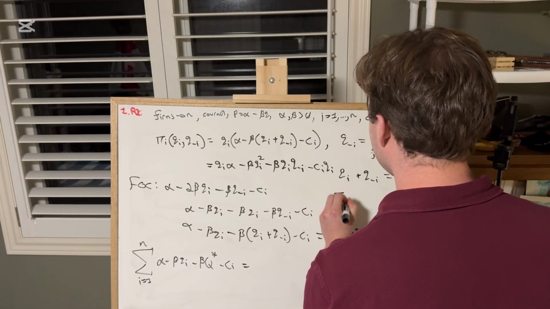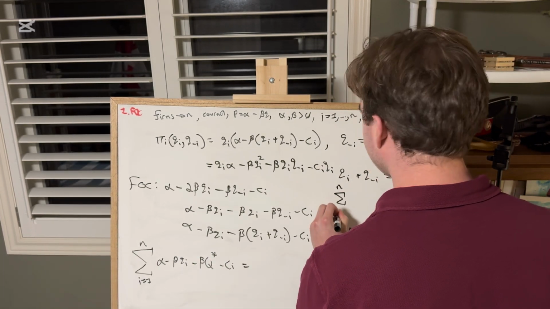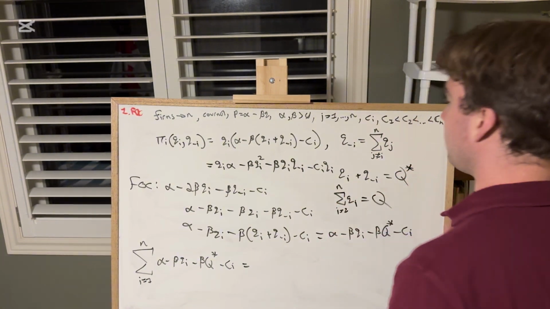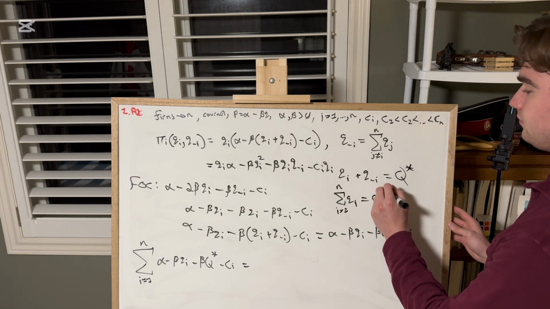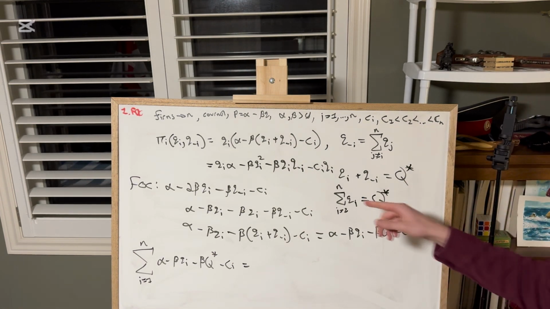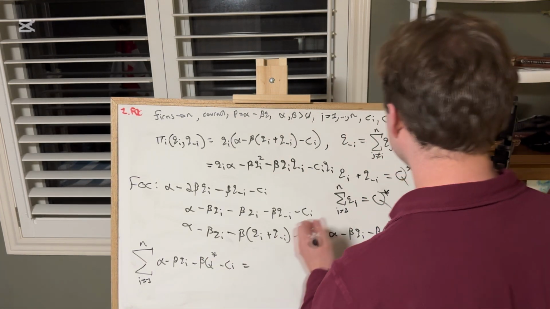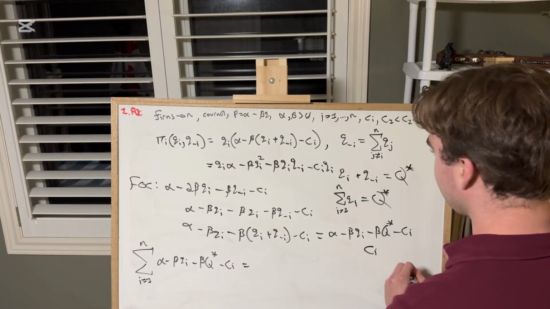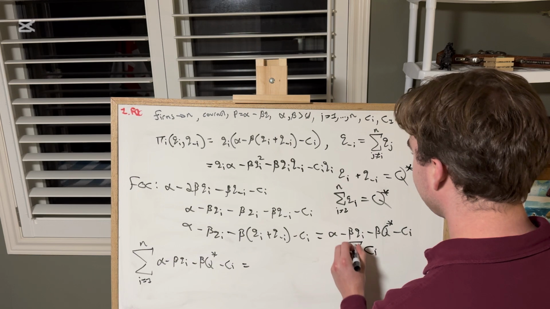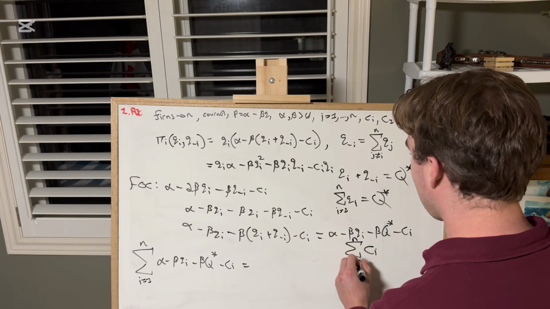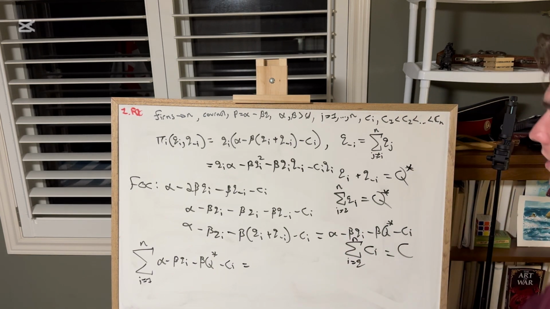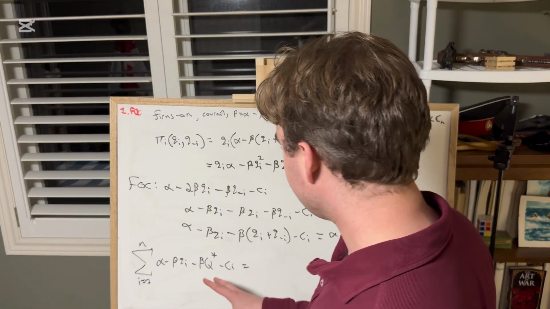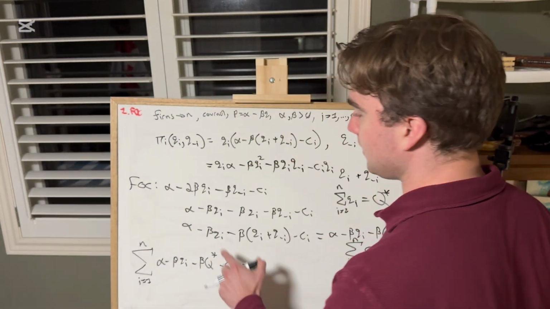Because the sum of qi is just equal to Q, okay? So this is just going to big Q. This is going to big C. So the sum from i equals 1 to N of ci gives you big C, okay? And so you've got this now, big C.